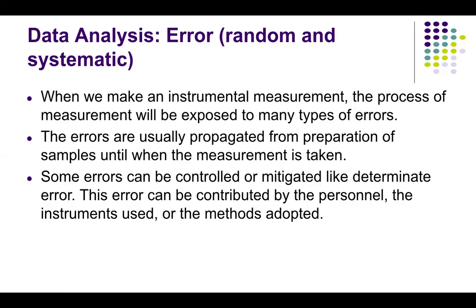The errors are usually propagated from the preparation of samples until the measurement is taken. So along the process, starting from the sample preparation to measurement, there are a lot of errors coming in.